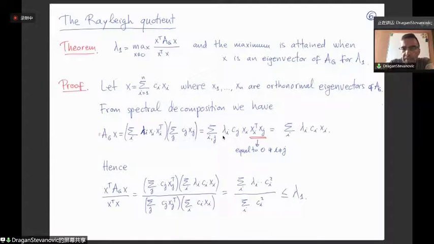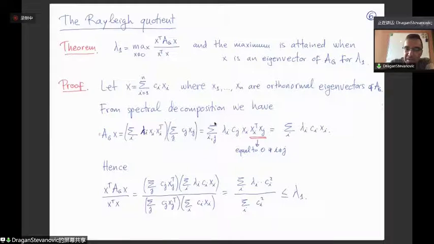And of course, we just multiply the terms, so it's lambda i times cj times this scalar product of vectors. Now, of course, we're relying on orthonormality, so these last two terms will give us 0 whenever i and j are different.